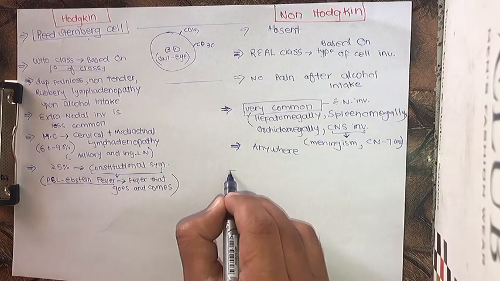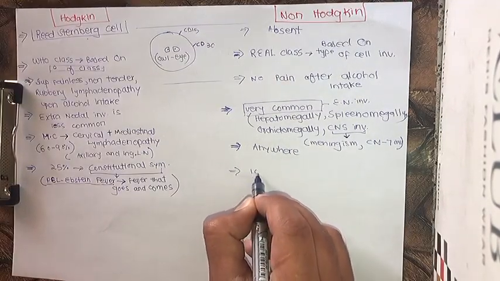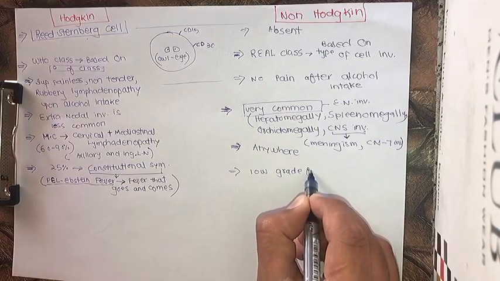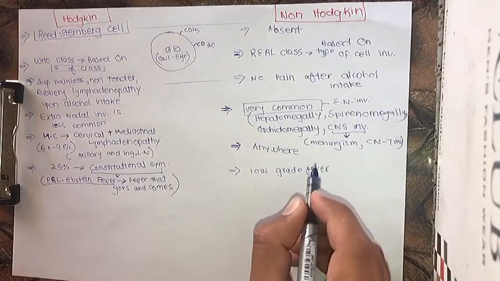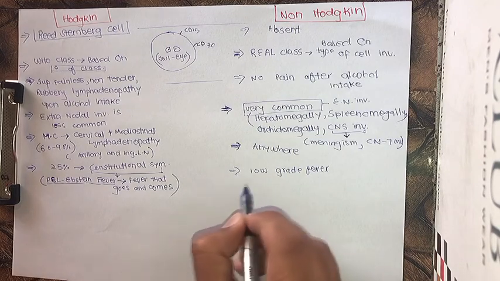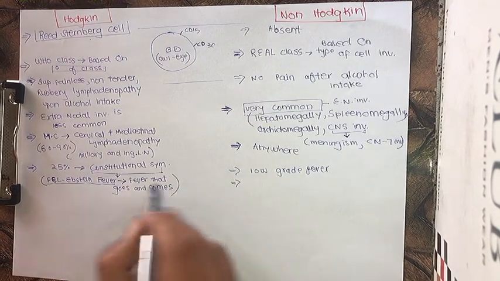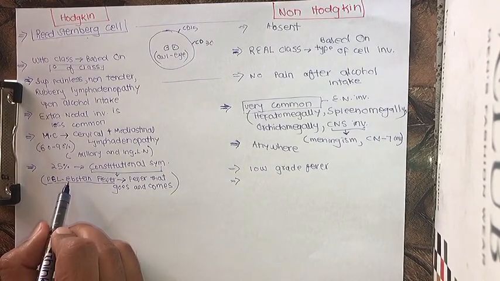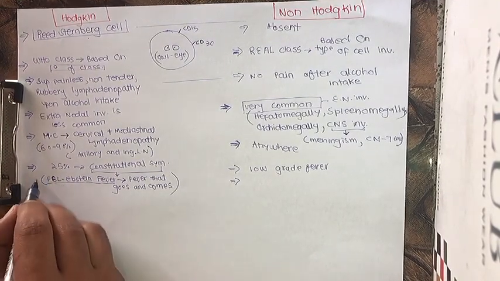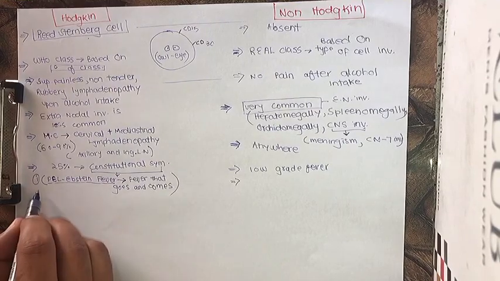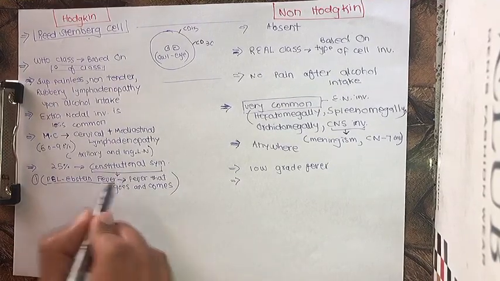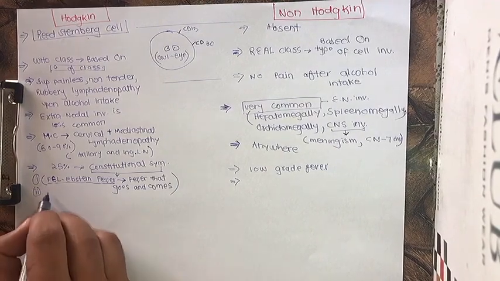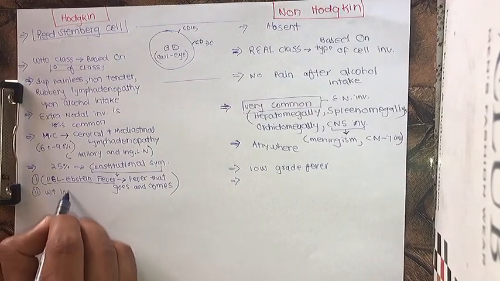Whereas in case of non-Hodgkin's, it will be low-grade fever. In 25% of the patients, one will be Pel-Ebstein fever in the constitutional symptoms, and the second constitutional symptom will be weight loss.